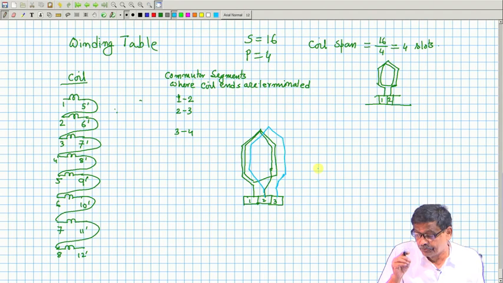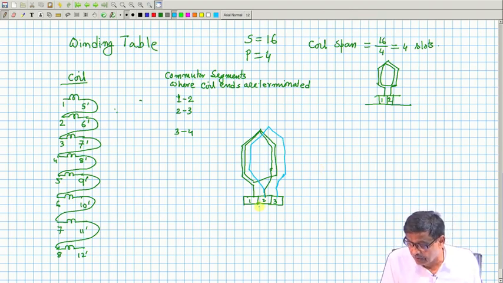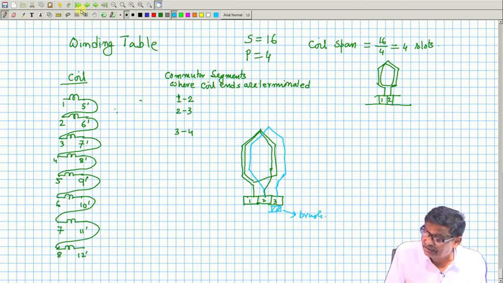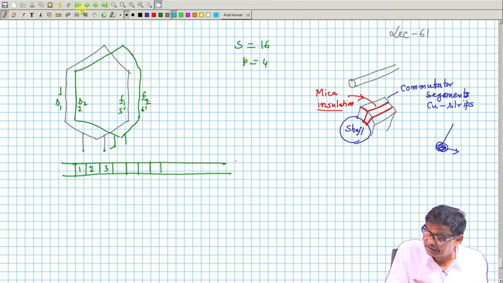Then I have to take carbon brushes, which will not be rotating, and they will touch these commutator segments at the appropriate place. I will show how that is done after showing the polarities, next time. This will be the brushes touching. So, in this previous diagram, this will be the commutator segment.